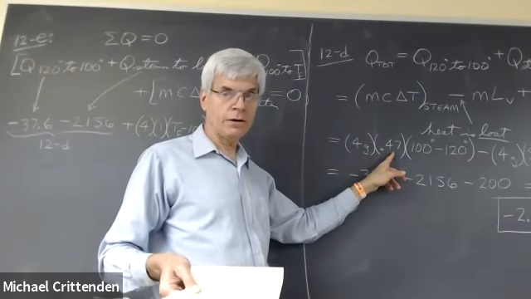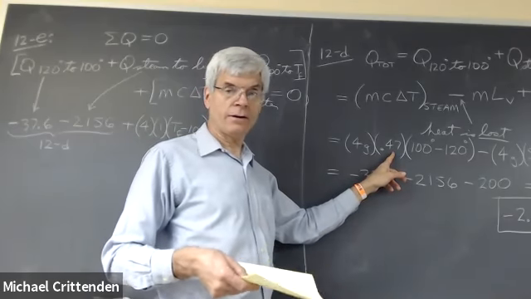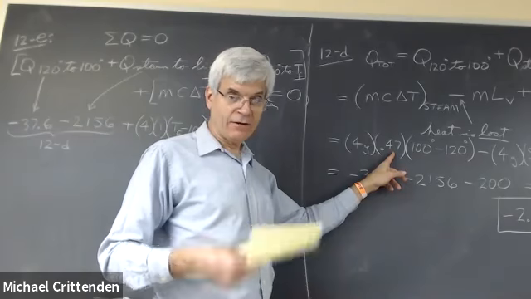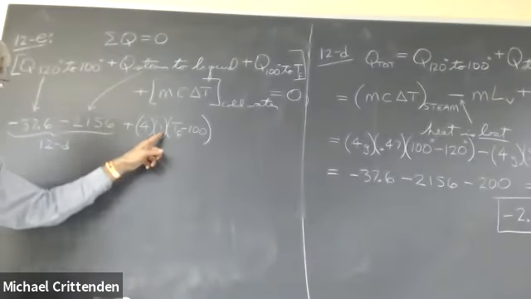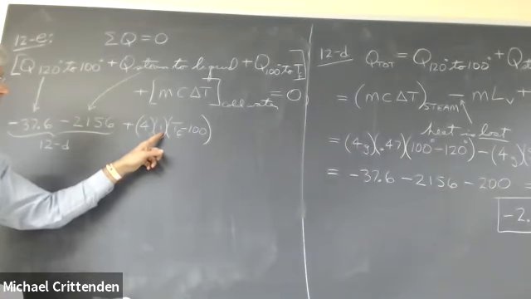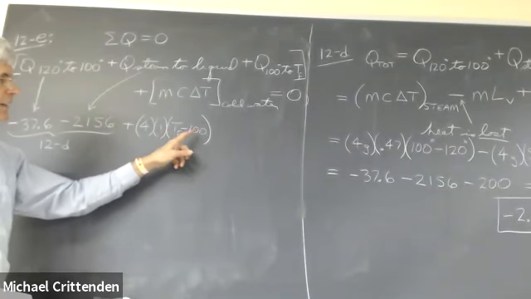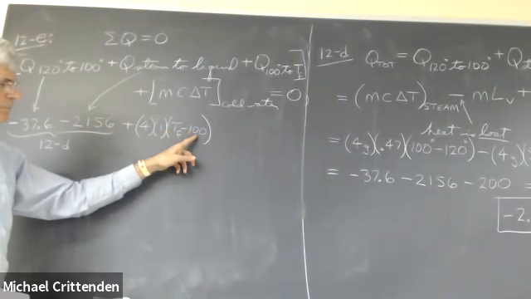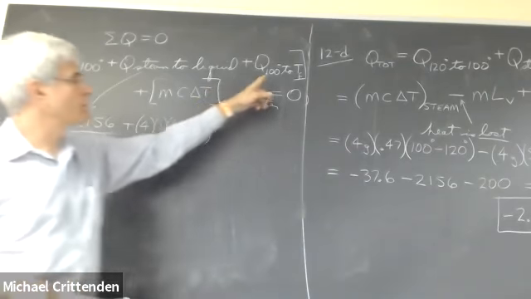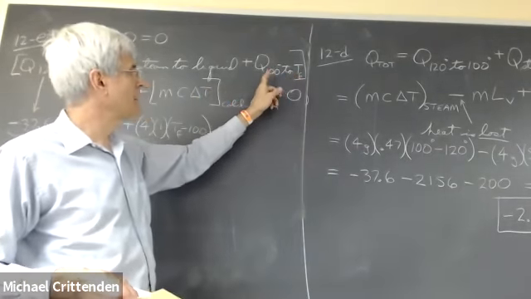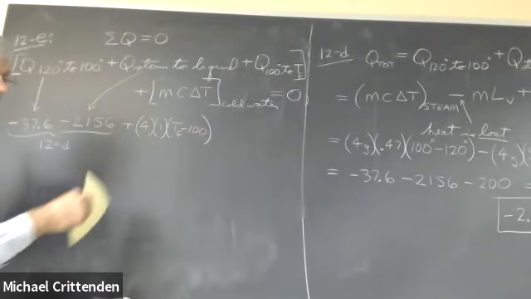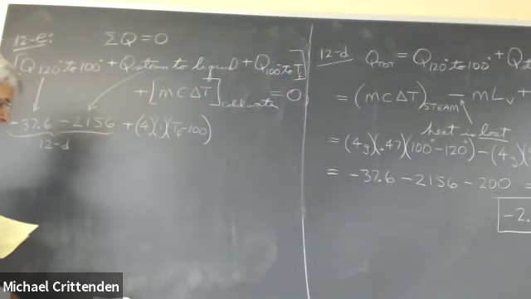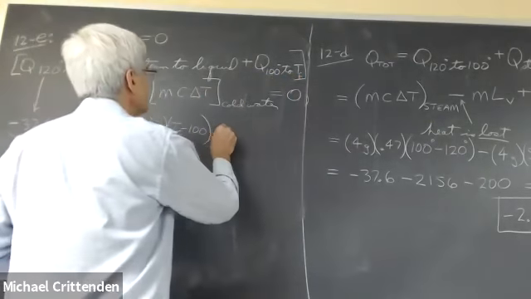Once it's below 100 degrees, I don't care that it used to be steam, it's liquid now, and it's the specific heat of liquid water that belongs in there. Delta T, T final minus T initial. If you're going from 100 degrees down to T final, T initial would be that 100. So all of that added together is the heat lost by the hot stuff, the heat gained by the cold stuff.